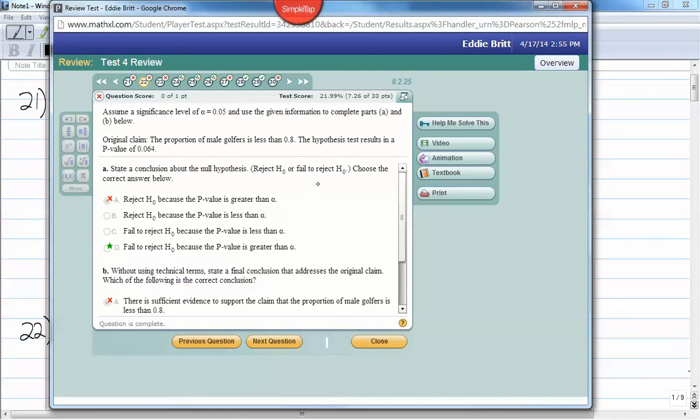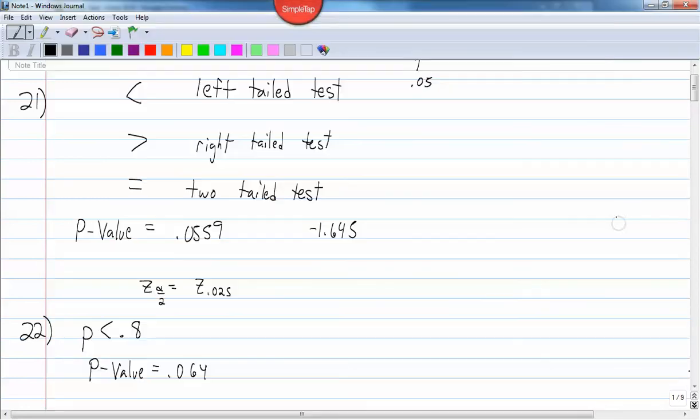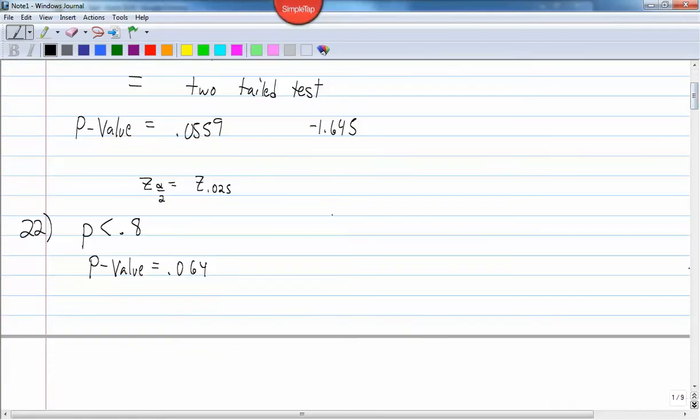And the way that you can tell if you're going to reject or fail to reject is: is your p-value contained in the critical region? Well, this is a left-tailed test, because that's the original claim.